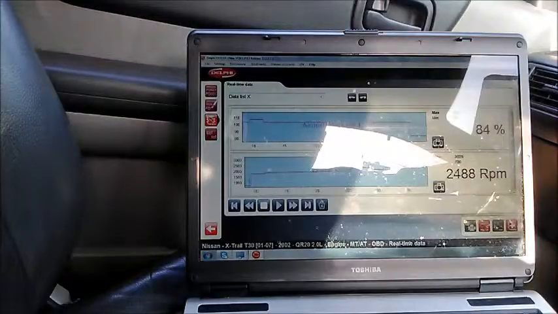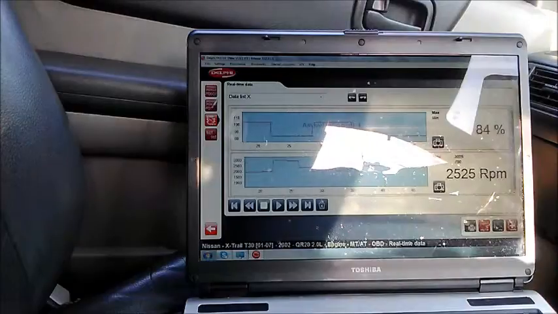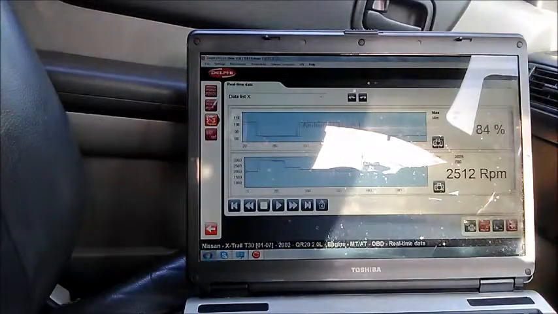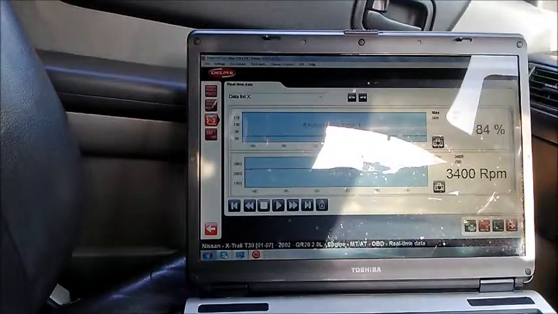Oh, it went down to 84. That means it's running lean, right? And at 3000 RPM, stays kind of lean.